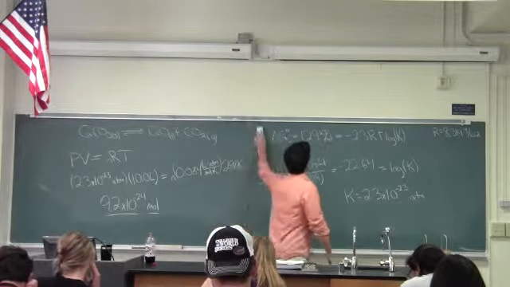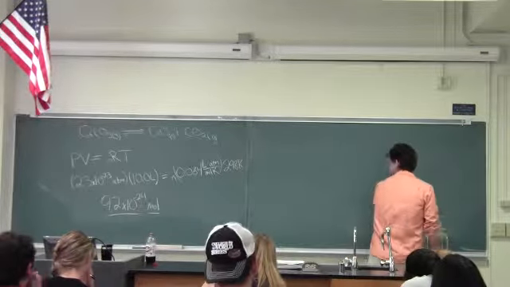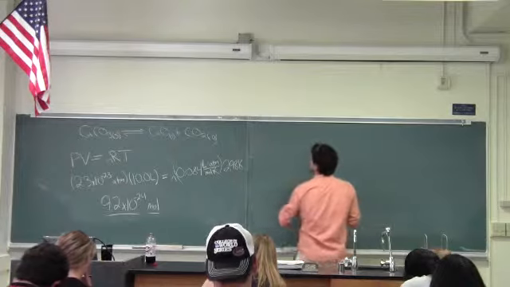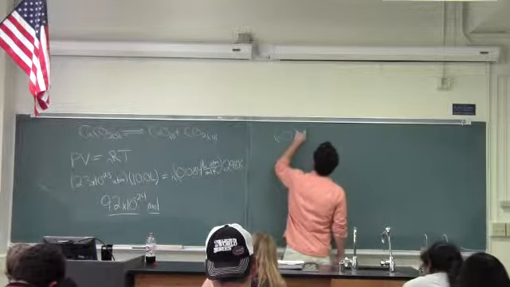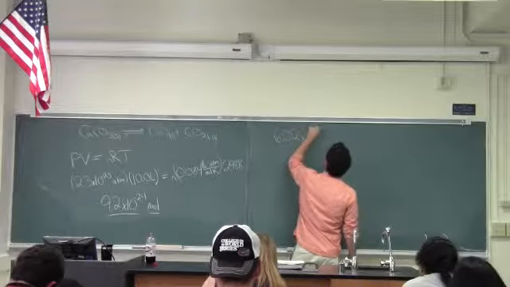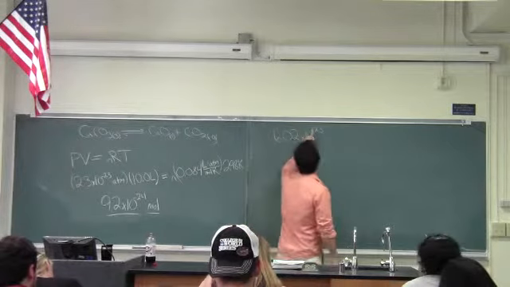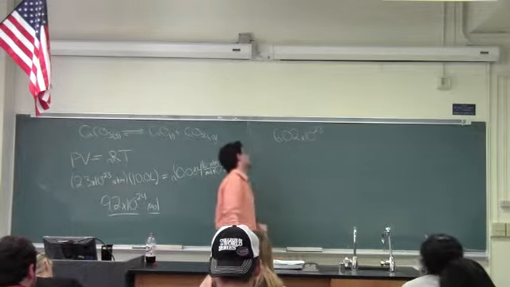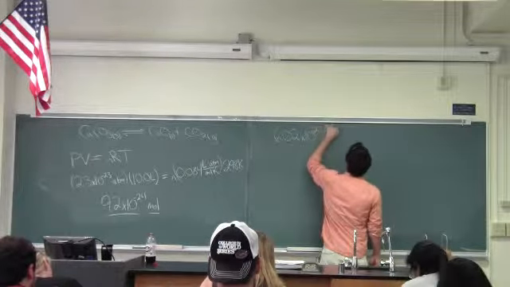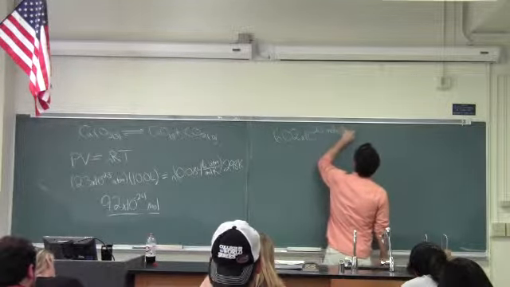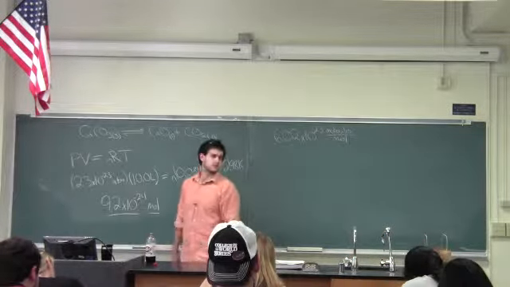Avogadro's number, what is it? 6.02 times 10 to the 23rd molecules per mole.